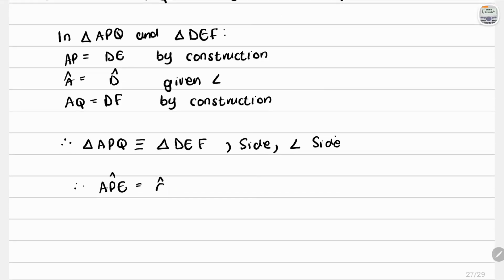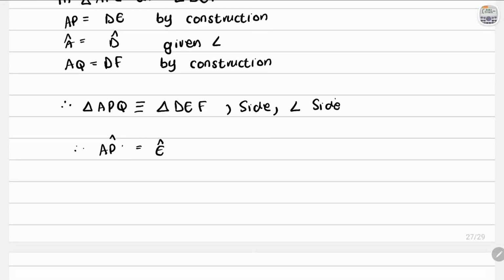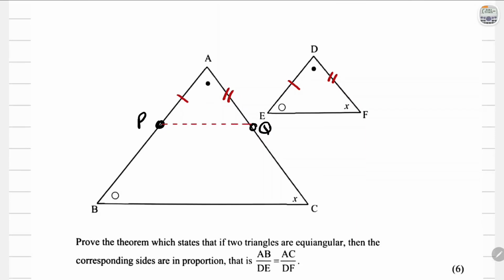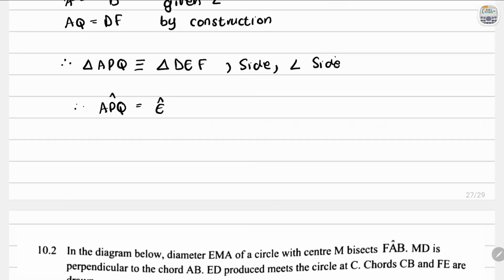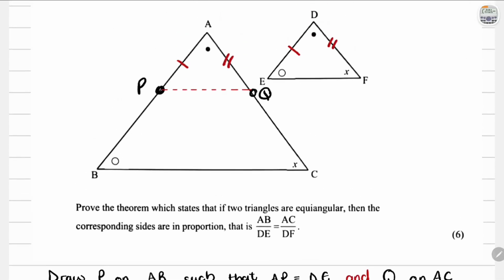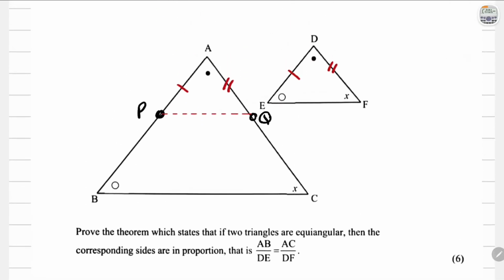Okay, so angle E. I realized that I called this E, it should be Q. Sorry about that. So that is APQ. Okay, that it's equal to angle E. Okay, so now we know these two angles are equal. But here's another thing that we need to take note of. Do you remember we said now that these two are equal?